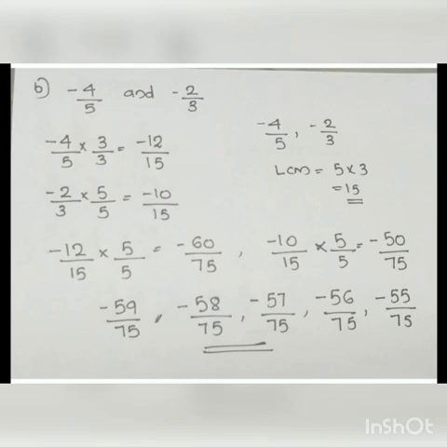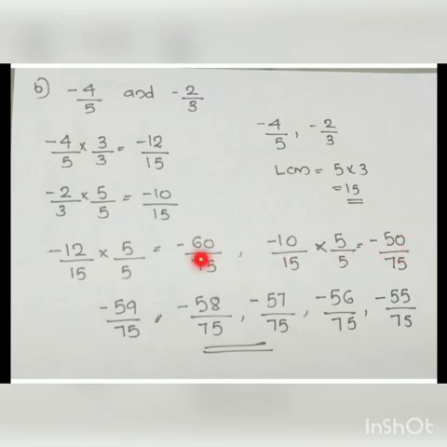So in order to get 5 rational numbers, I am multiplying by 5. If you want more, you can multiply by 10 also. That is up to you. At least multiply by 5; that is the general case. So 12 into 5 gives negative 60, and 10 into 5 gives negative 50. Now between negative 60 and negative 50 you have enough rational numbers, isn't it?